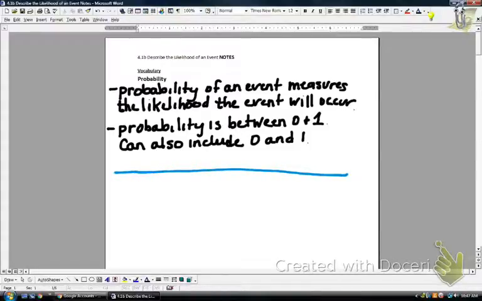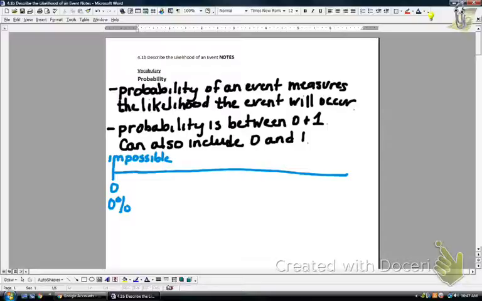So let's go ahead and look at the likelihood of an event occurring, the terms that go with that. So when we have a 0 probability or 0%, we say that that is impossible. So if it's 0%, it's not going to occur.